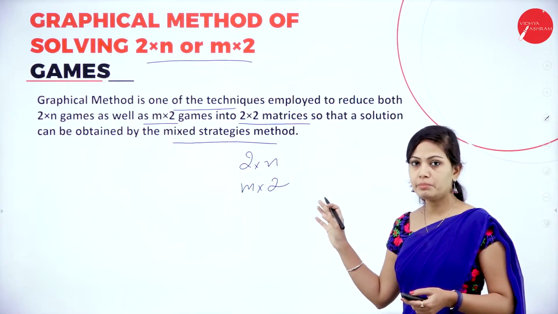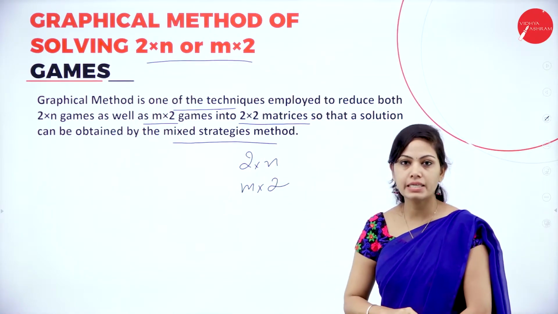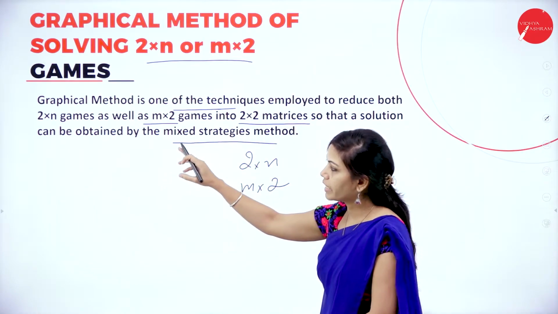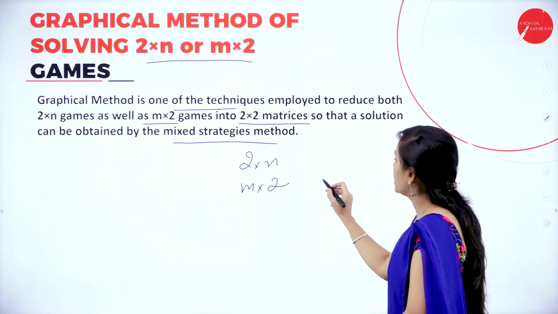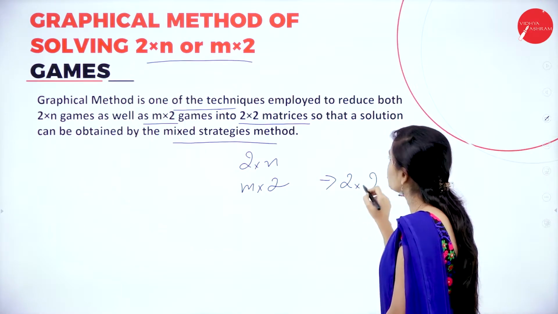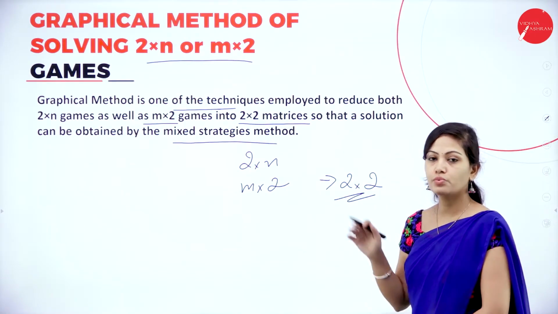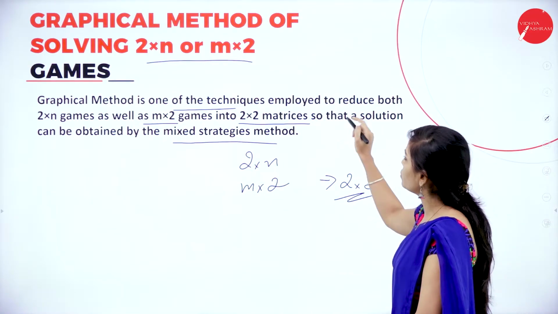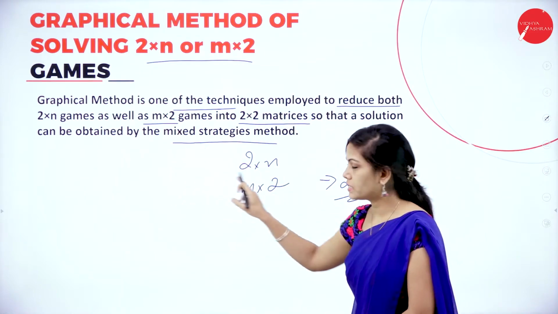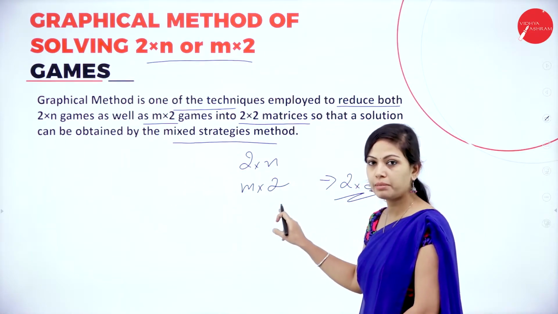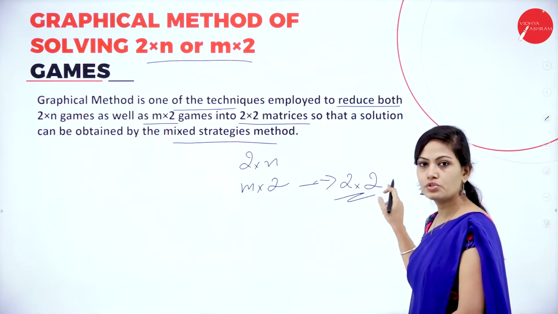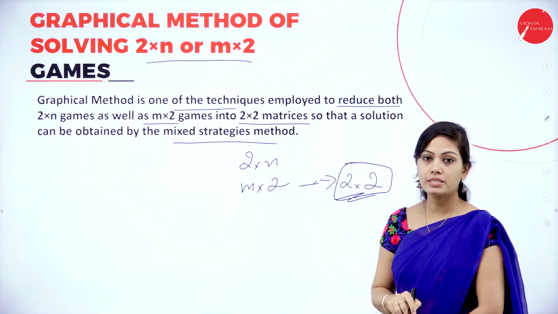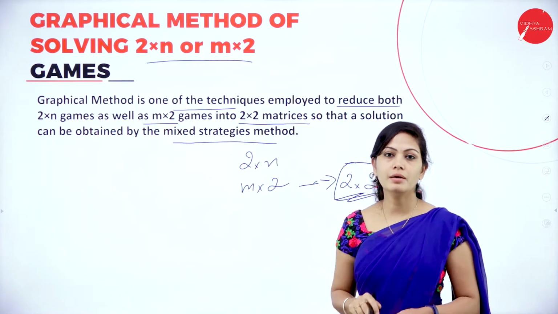So, in graphical method, we are applying the mixed strategy method and it helps to reduce the 2 cross n games and m cross 2 games into 2 cross 2 matrices. It is a very easy concept compared to matrix method. So, we can get the 2 cross 2 matrices by using the graphical method.